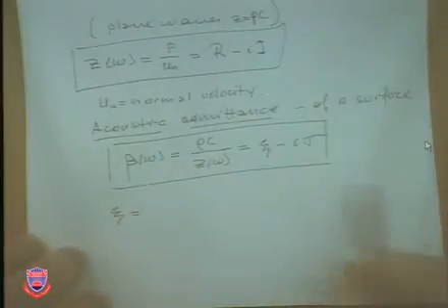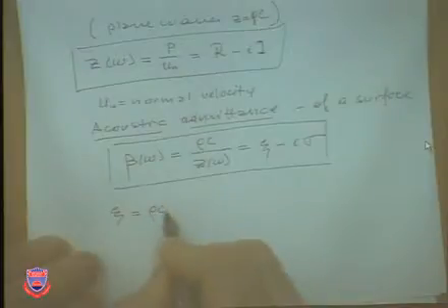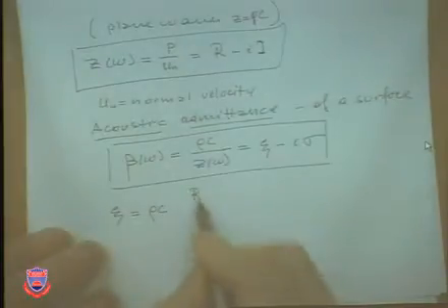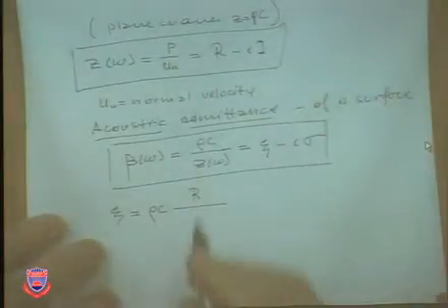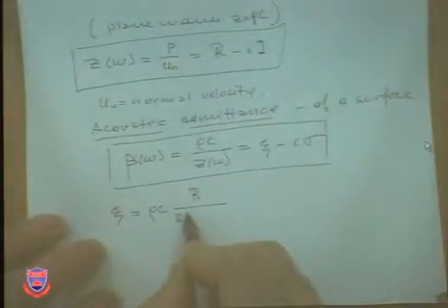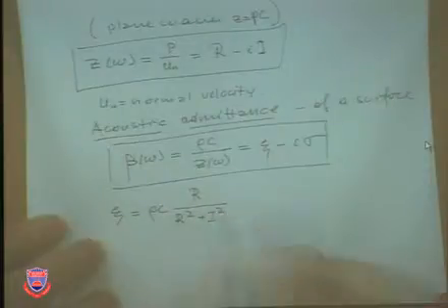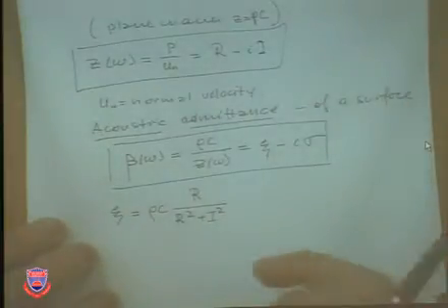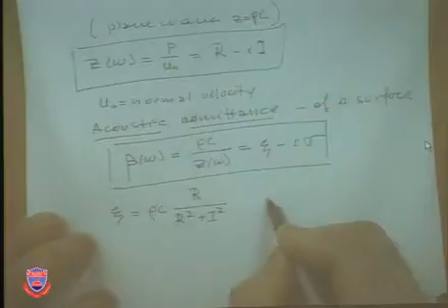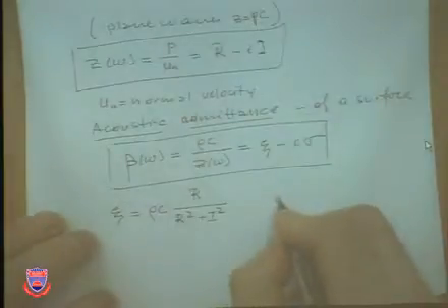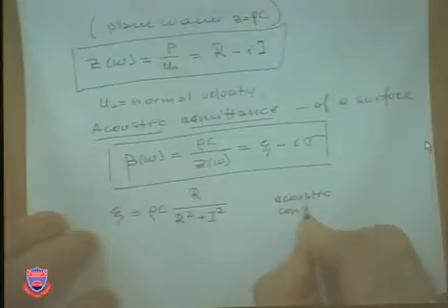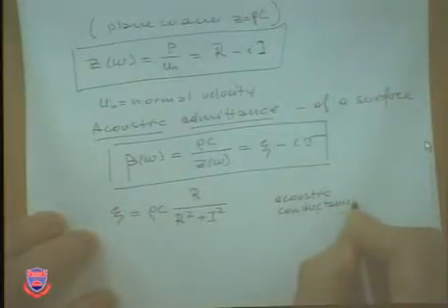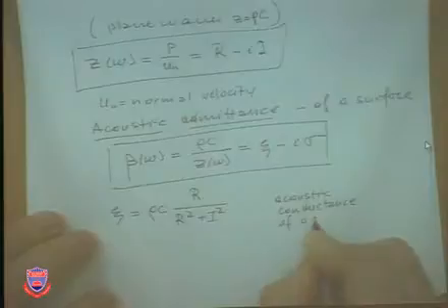The expression for the real part, xi, can be obtained from the real part and imaginary part of the impedance, and we do call this the acoustic conductance of a surface.